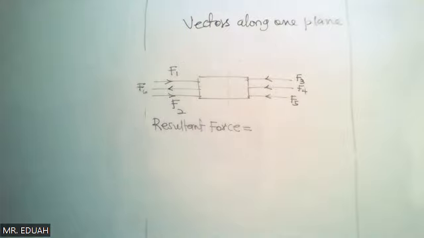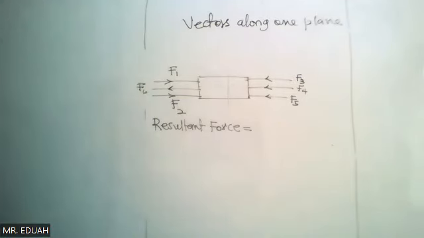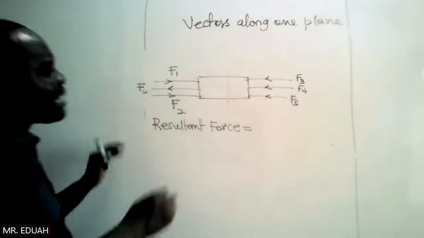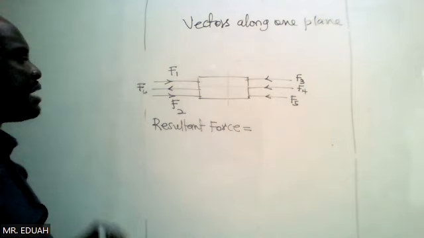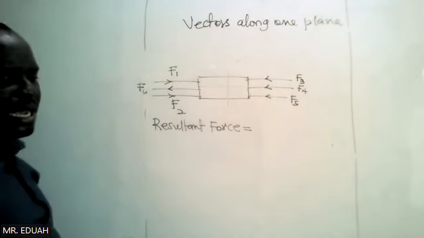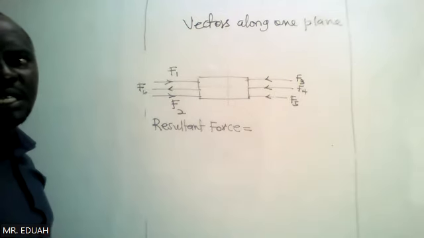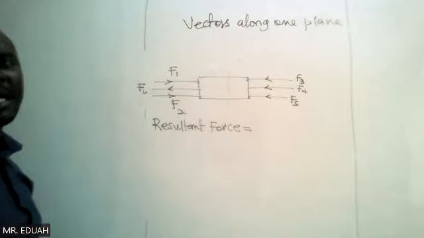In a situation like this, these are values. I don't know which one is greater, which one is less. But what we do is sum up all the forces in one direction and sum up all the forces in the other direction and subtract the least one from the larger one.